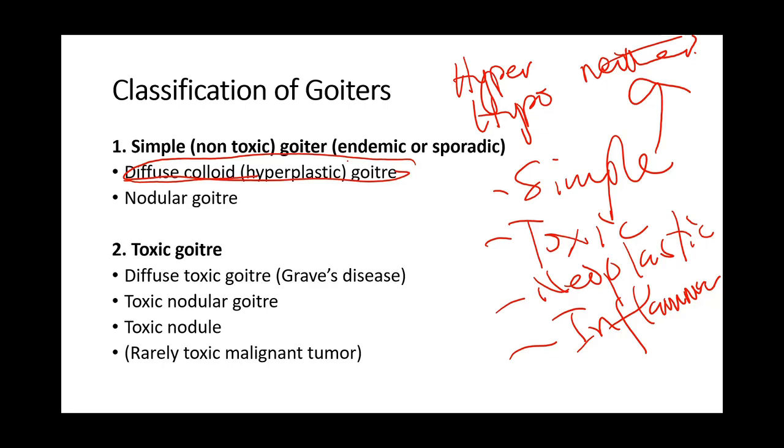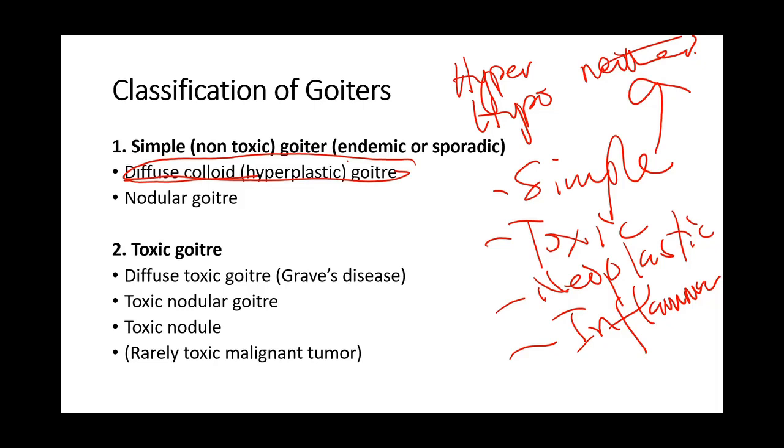And they also potentiate the action of catecholamines in certain body organs like the heart and the blood vessels, okay? So you could see a diffuse colloid goiter in enlarged physiologic goiters that will tend to regress after the demand is no longer required, as in puberty, pregnancy, during breastfeeding, and so on.